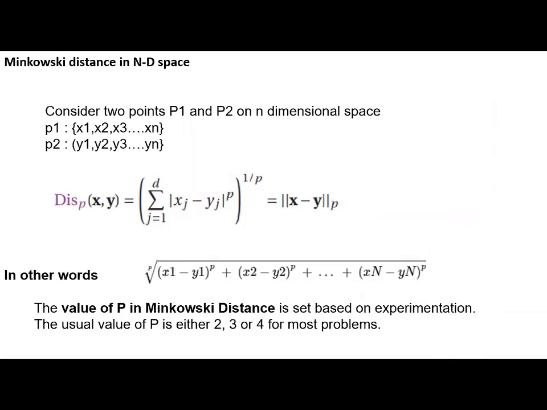Minkowski distance in n-dimensional space is defined as follows. Consider 2 points P1, P2 in n-dimensional or d-dimensional space, whatever it is.